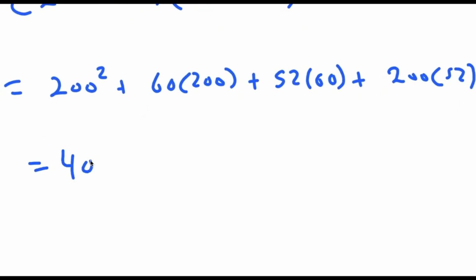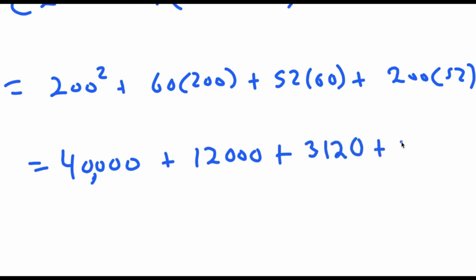And this is equal to 40,000 plus 12,000 plus 3,120 plus 10,400.